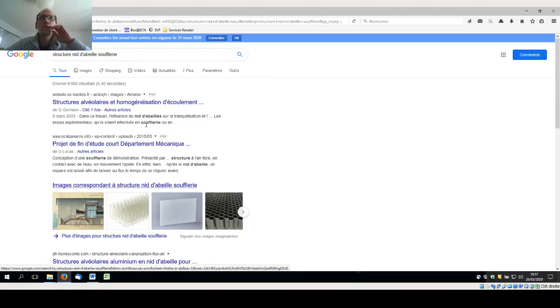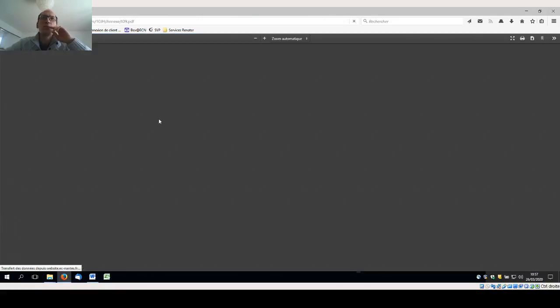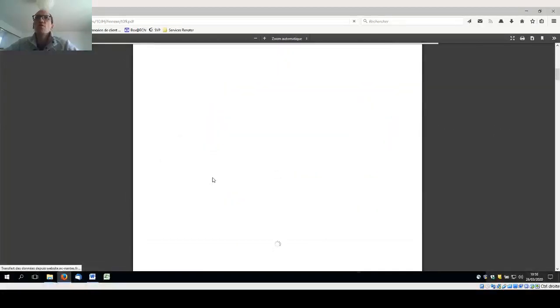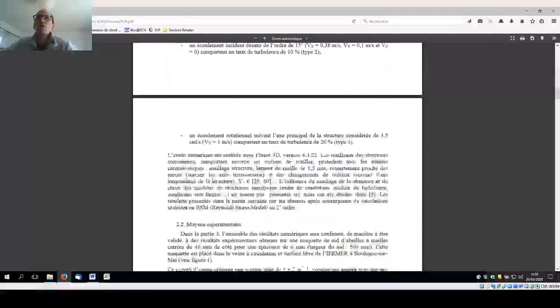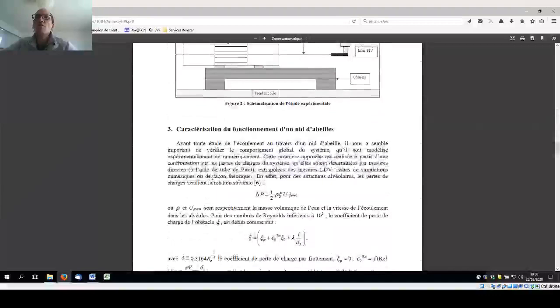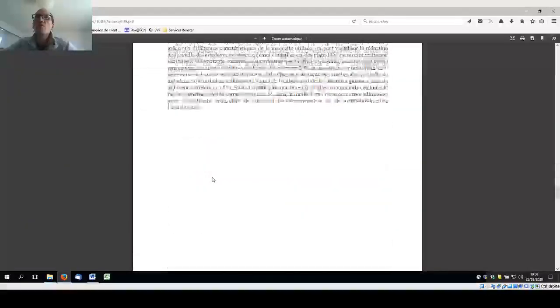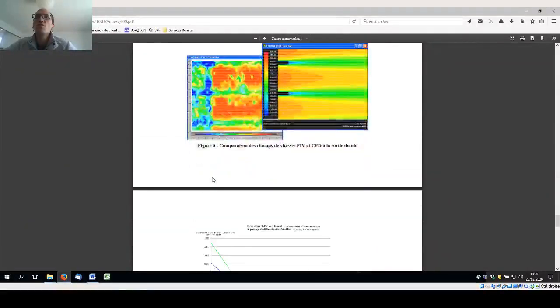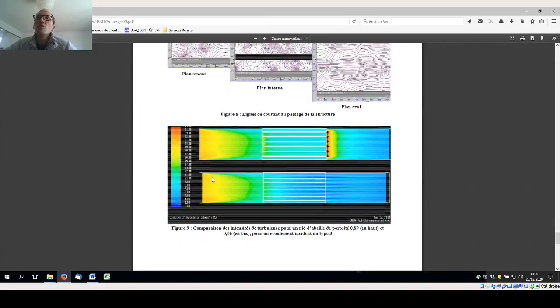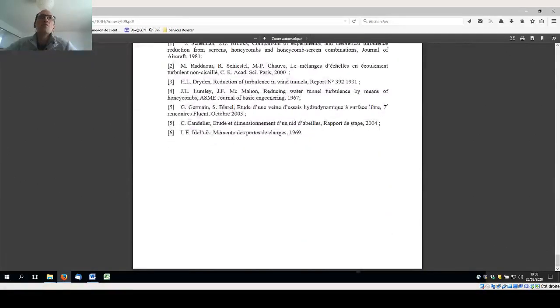Yeah, these are devices which are put inside wind tunnels. It's just to have a flow which is very homogeneous. I just wanted to show you images. Here we don't see so much.